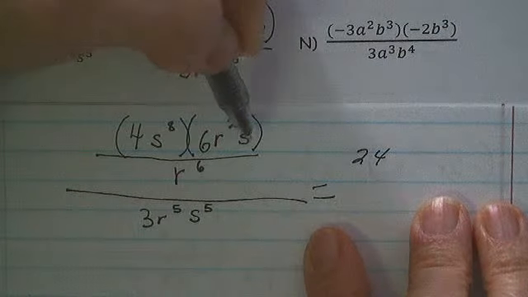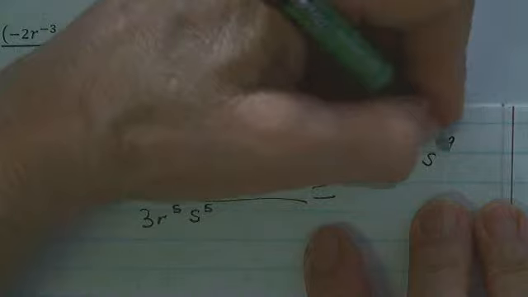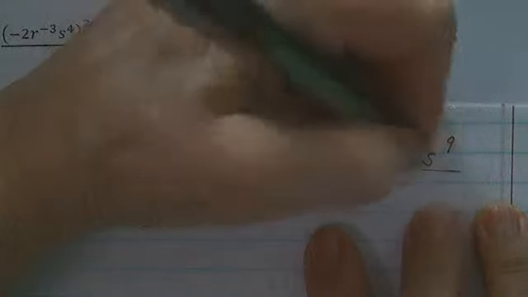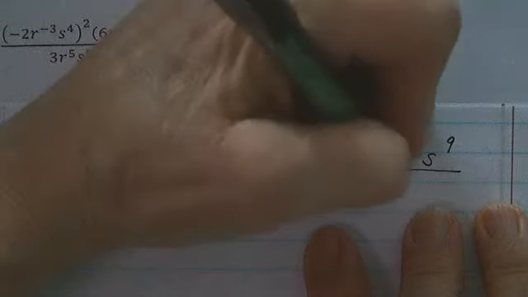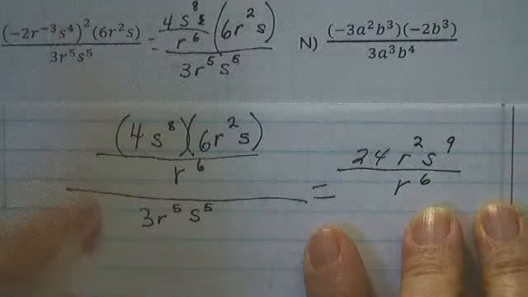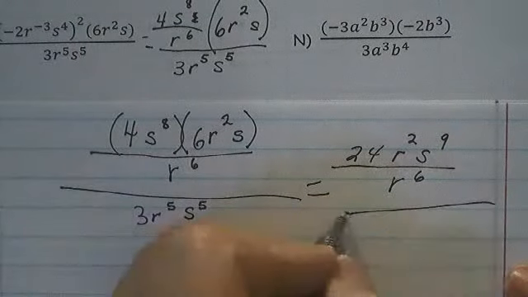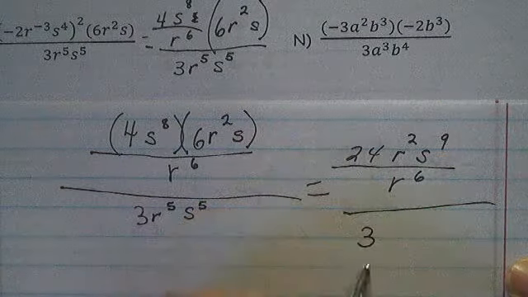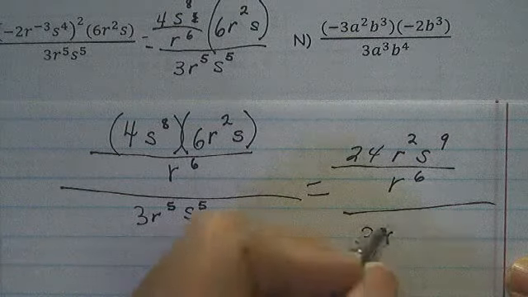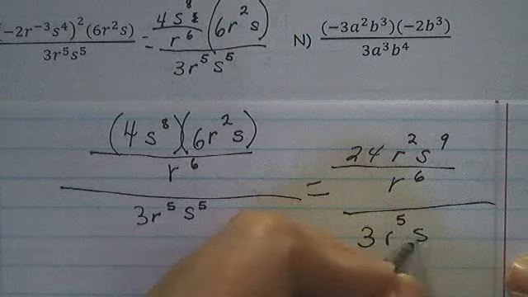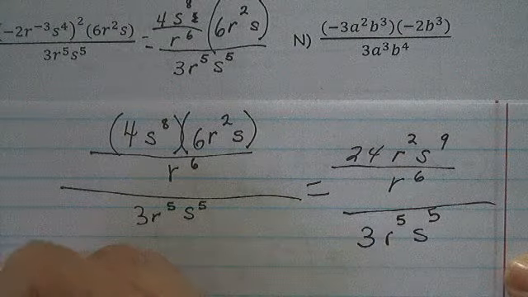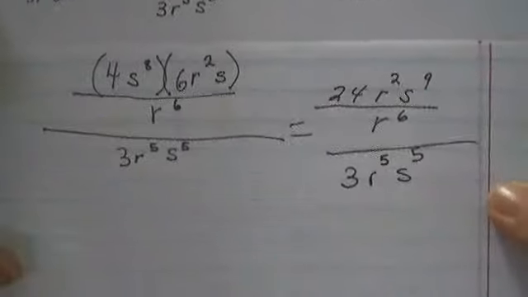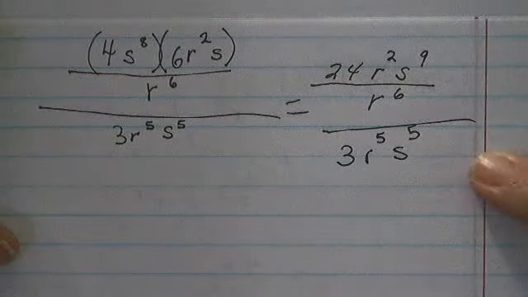S to the 8th times s is s to the 9th. R squared over r to the 6th. And all of that is over 3 r to the 5th, s to the 5th. Lots of scratch paper, but still nothing we don't know how to do, not yet.